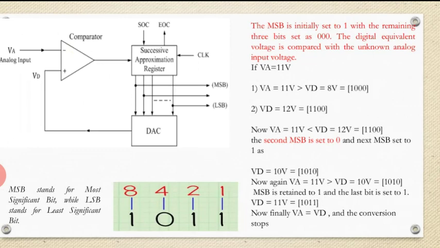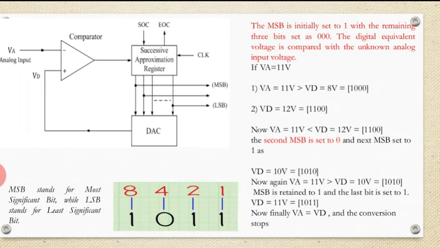I repeat, the first bit will be kept as it is, because 8 volt is less than 11 volt, hence the first bit stays 1 itself, and the next bit goes high. So now the value becomes 1100. 1100 is nothing but 12 volt.